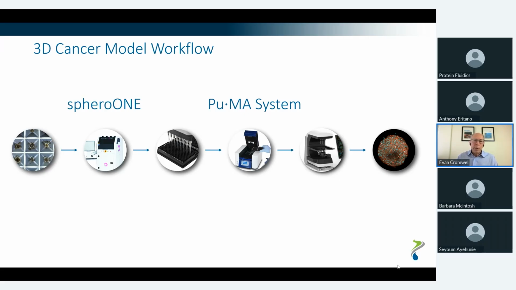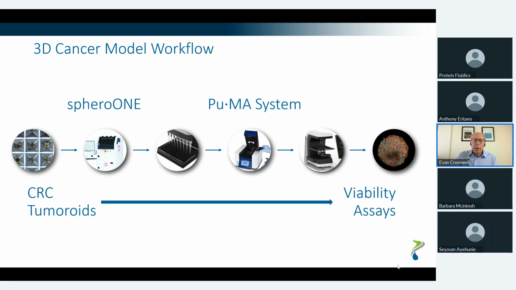The spheroONE allows you then to manipulate and dispense and disperse, identify the 3D samples you want to run in your assays, and place them in the consumable, the plate that you need for your assays. And then ultimately, MatTek using these as a tool, running viability assays, looking at response of therapeutics, using these patient-derived, these ex vivo models, which give you better data and better predictivity for drug development.